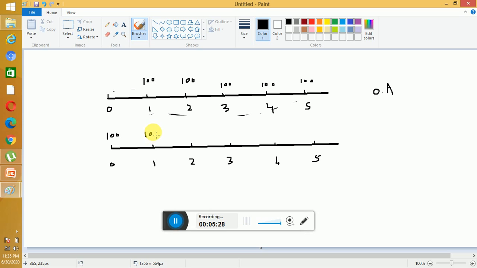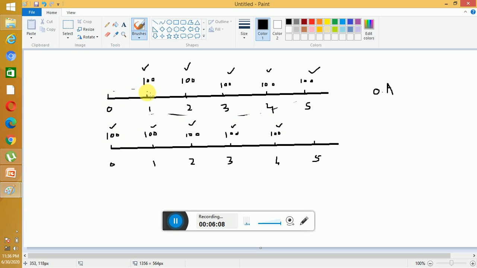Similarly, total payments are 1, 2, 3, 4 and 5 here, and similarly 1, 2, 3, 4 and 5 there. The payments are the same, but the payment timing is different.